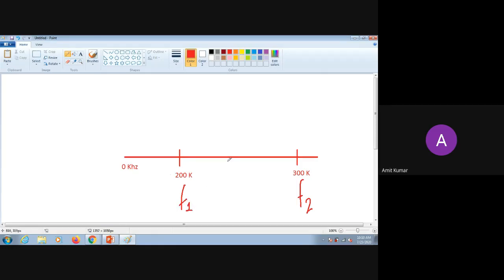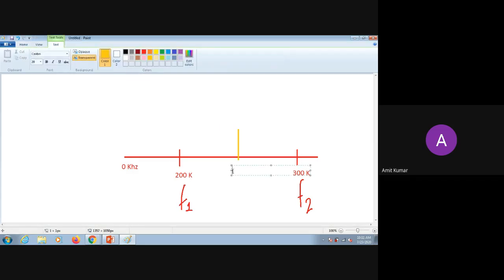The first thing we need to do is find its center frequency. The center frequency always lies at the center of these two frequencies. So FC will be equal to F1 plus F2 divided by 2. That will always be your center frequency, given the lower frequency and the higher frequency component available in your signal.